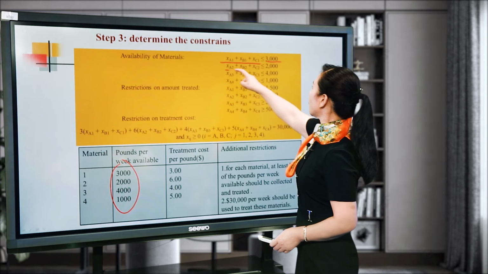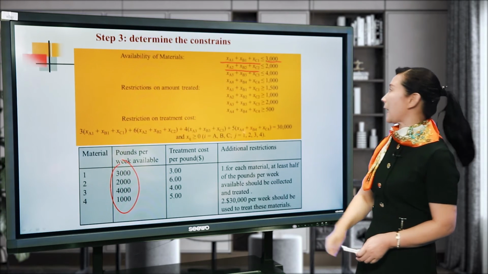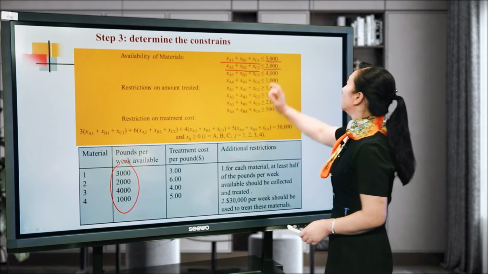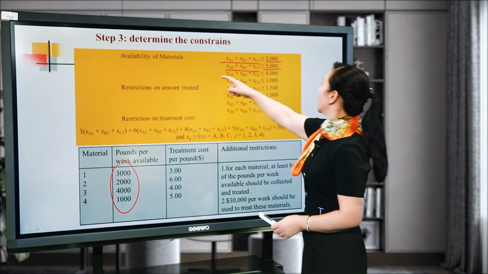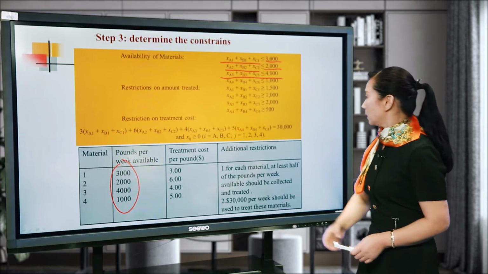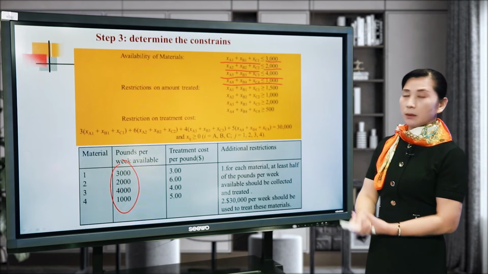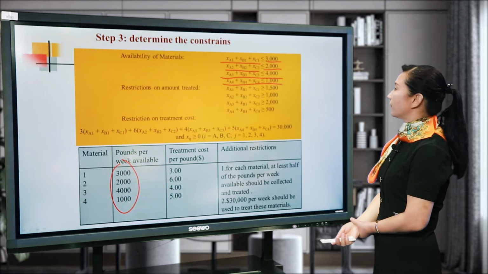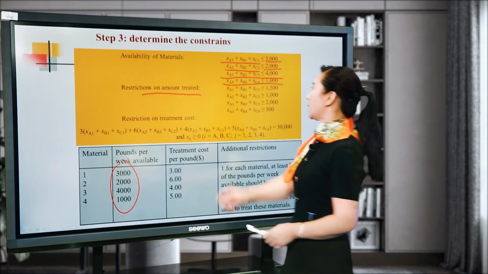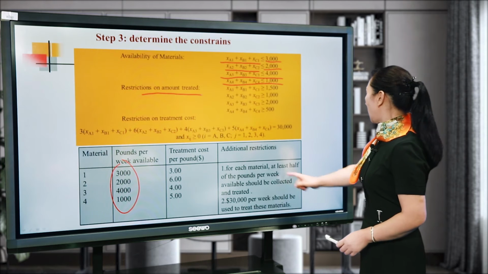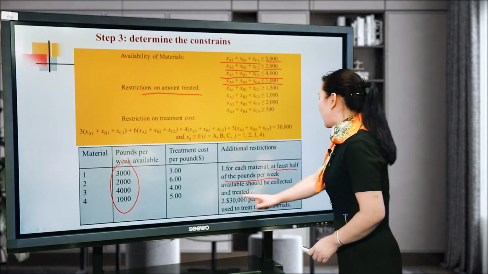This is material 2 used in production, and this is the available material 2. And these 3, 4 are all the available materials. And the third kind of constraint is the restriction on the amount treated. That is, at least half of the pounds per week must be treated.